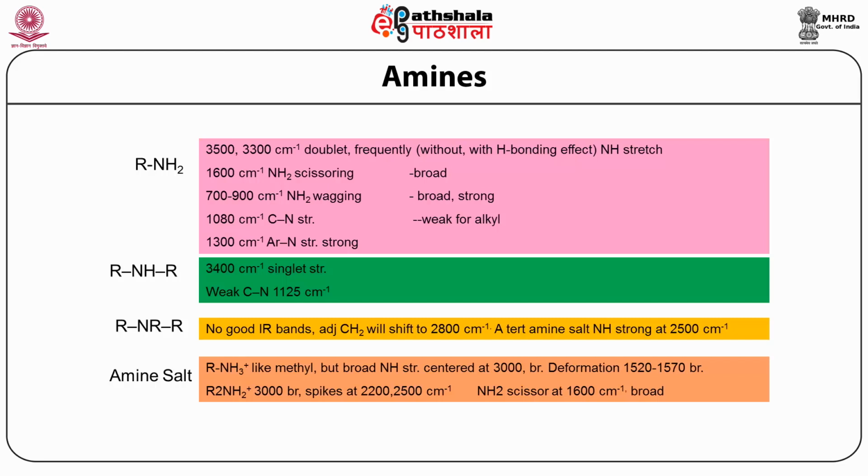Amine salts are NH3+ like methyl, but with a broad NH stretch centered at 3000 and a broad deformation at 1520 to 1570. For R2NH2+ there are broad spikes at 2200 to 2500 per centimeter, and the NH2 scissor at 1600 per centimeter is broad.